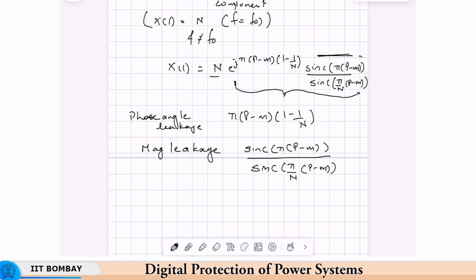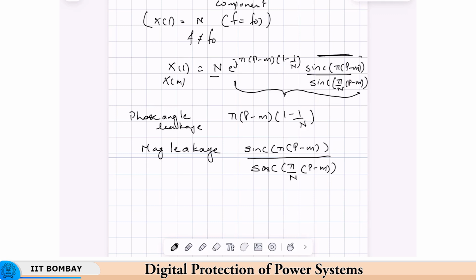Of course, this is not actually X of 1, this is X of m only, for frequency m f naught by p.